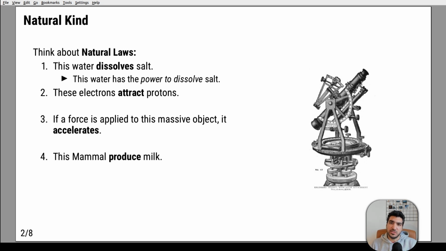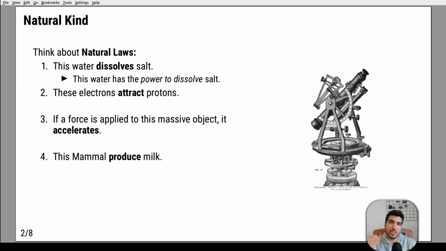Just to make things easier, because otherwise we have to say that the kind is characterized, so it's dispositionally exemplifying the dissolving of salt. Let's make it simpler: this particular water has the power to dissolve salt. So these are the equivalent ways that we will talk about.